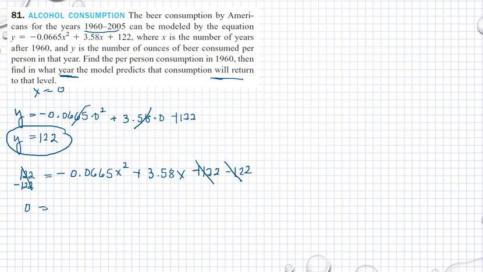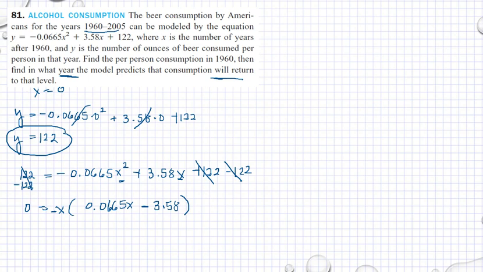Then I have 0 is equal to, I have a common factor here, that is x, and I have negative 0.0665x plus 3.58. I could have used negative x also, but I think it is better to factor out negative x, so that this becomes positive and this one becomes negative.